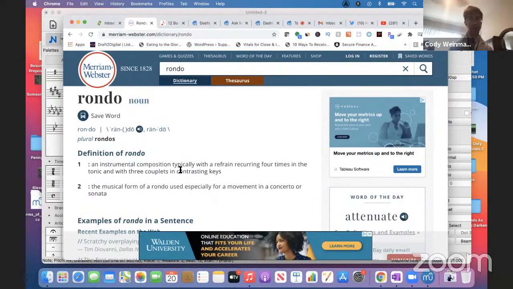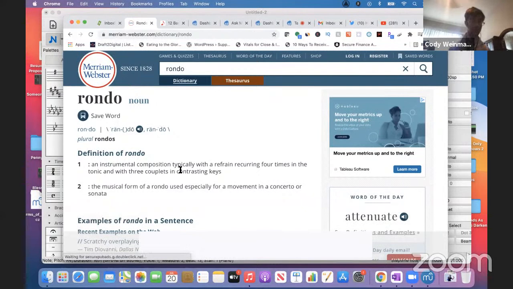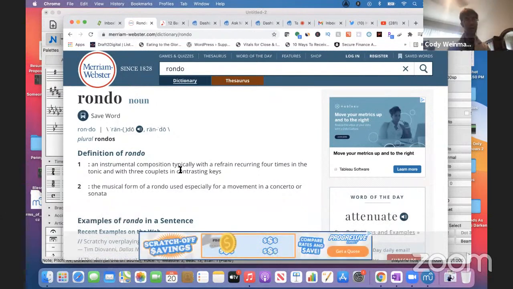It has little differences, whereas the sonata has one theme here, then a second theme, and that's the exposition. Rondo is more, okay, here's one theme, and here's the refrain, and here it goes.